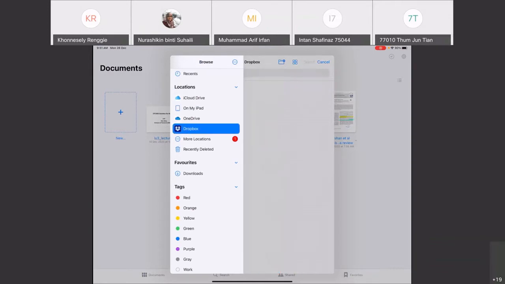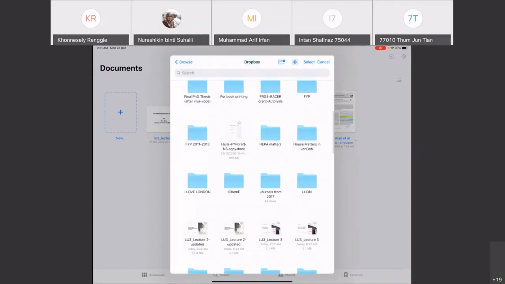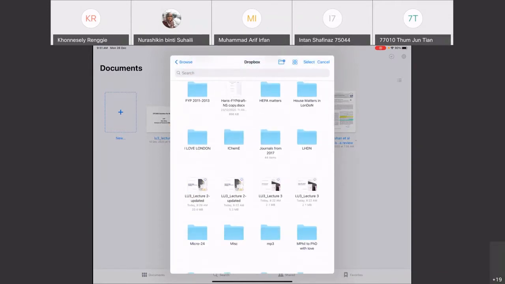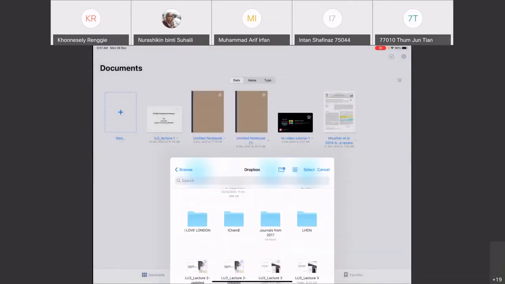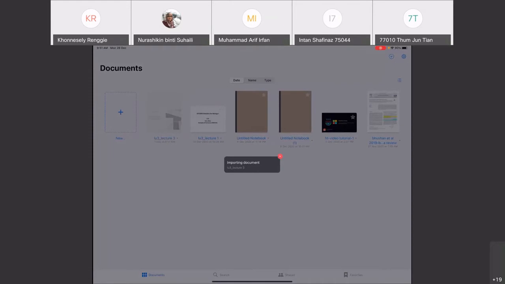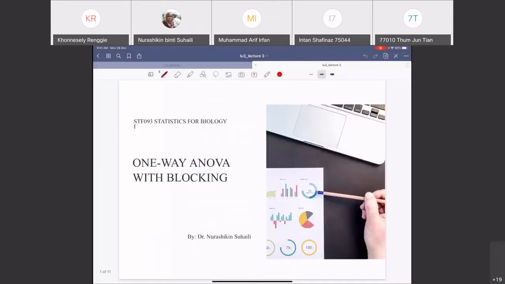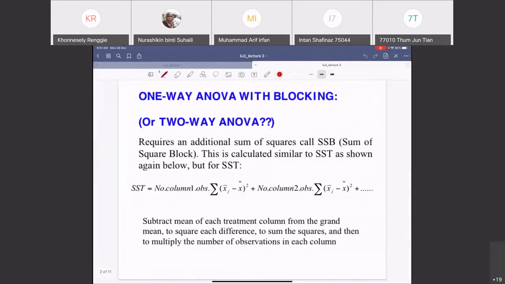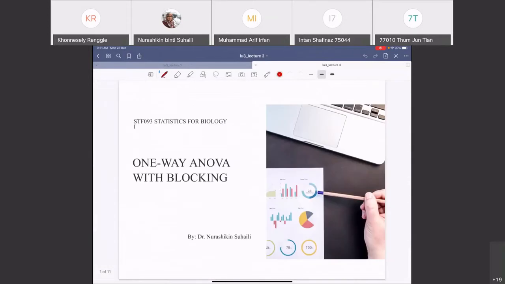Hold on. Okay, right. Can you see the screen now? I've changed from PowerPoint to PDF. Yes, you can see the screen?